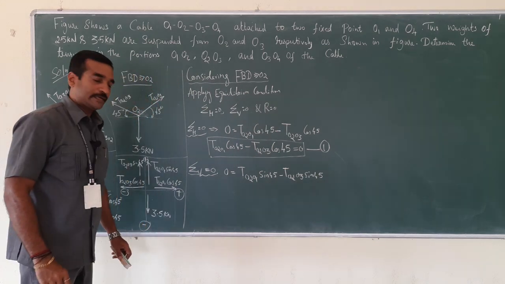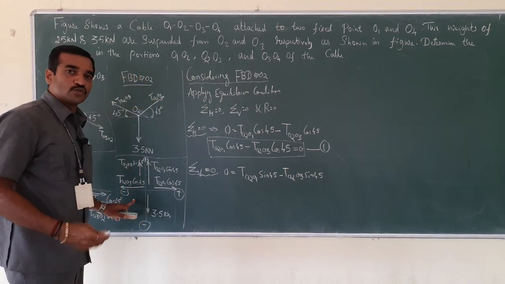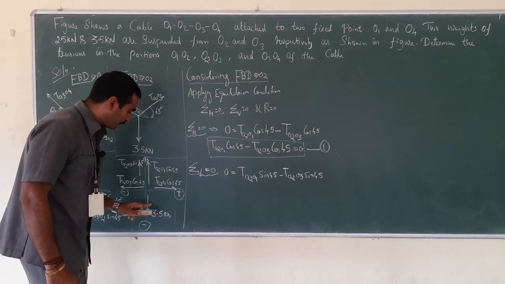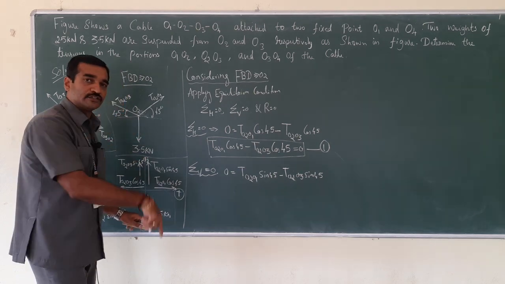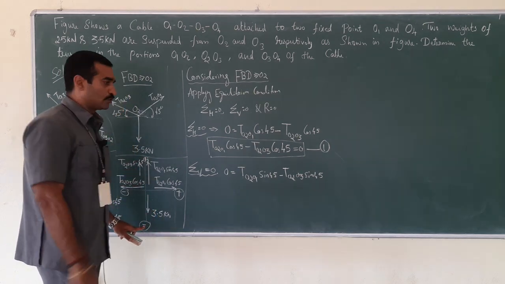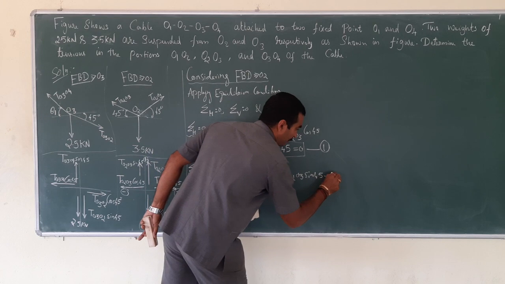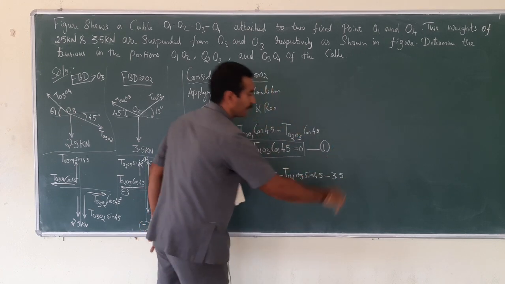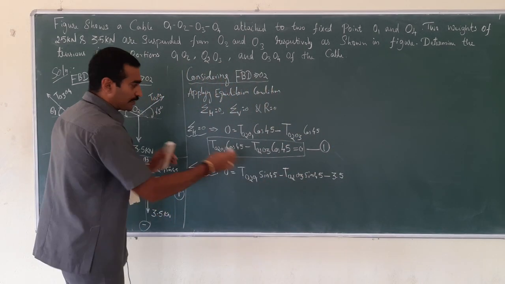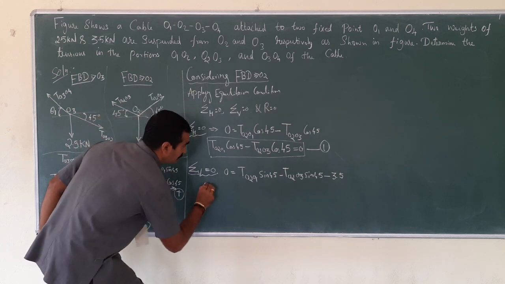Let me just move to the third quadrant. There is no force. If I come to the fourth quadrant, a force which is acting vertically downwards carries the negative sign, which is of 3.5. So this equation I am just going to rewrite in this manner.